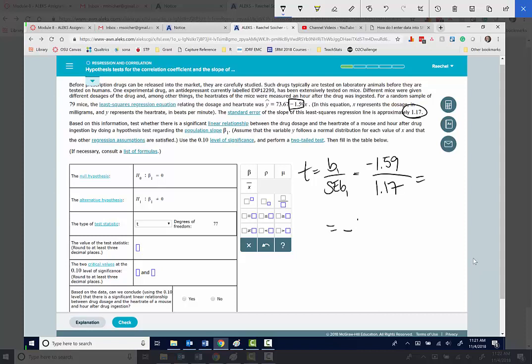This is equal to negative 1.35897. You can see I always carry my decimal places out way more than I need to. It's asking for the value of the test statistic to 3 decimal places, so we'll put negative 1.359.